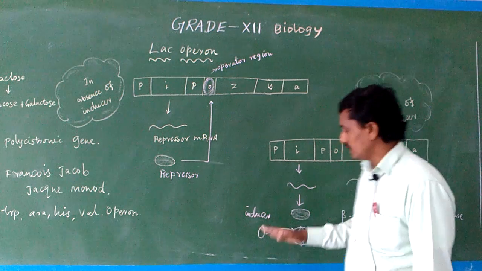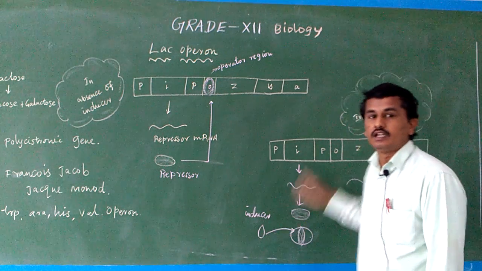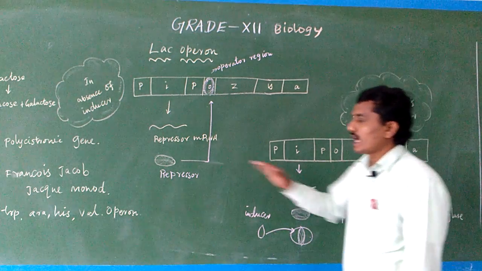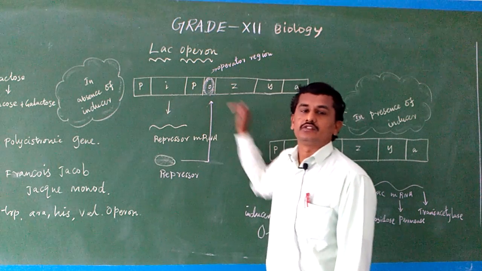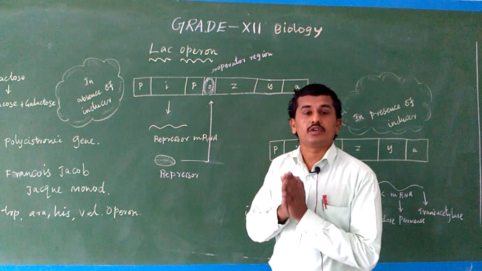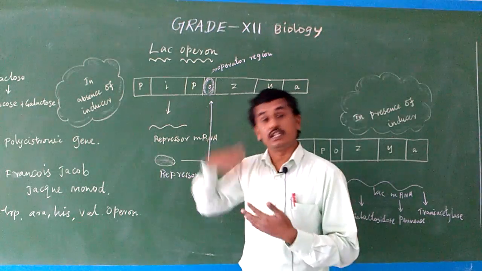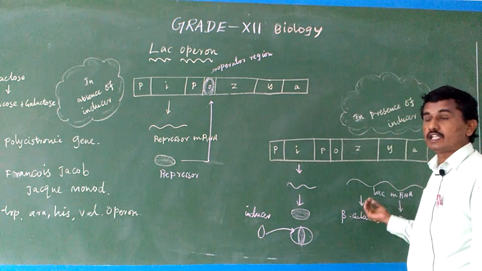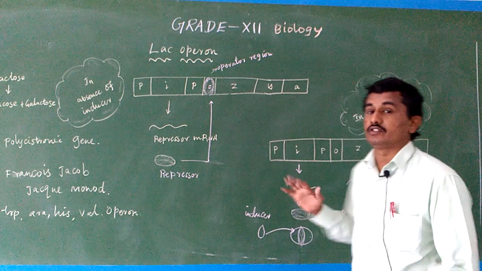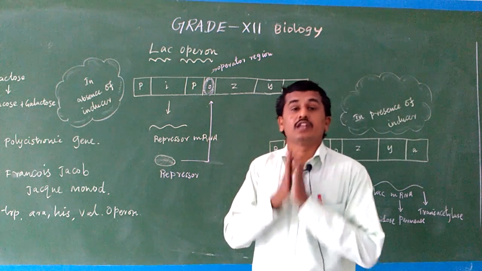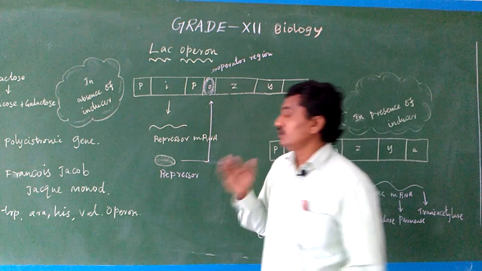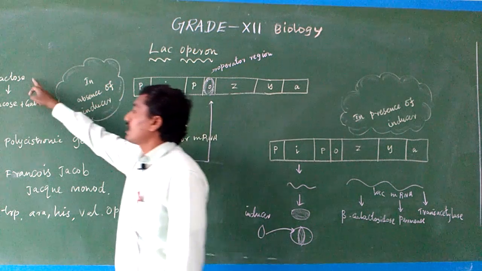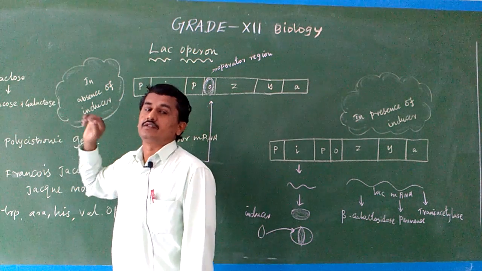The same process is here. If lactose comes, this process takes place. If lactose doesn't come, the transcription and translation proteins, like salivary amylase, are not needed in that situation. In this situation, beta galactosidase is not needed. What is the use of beta galactosidase? Beta galactosidase is an enzyme used to break lactose into glucose and galactose.